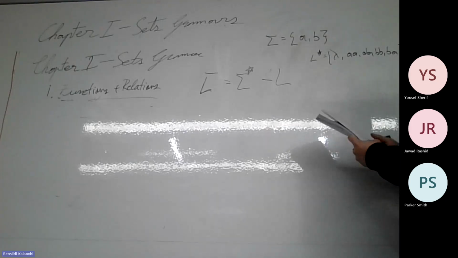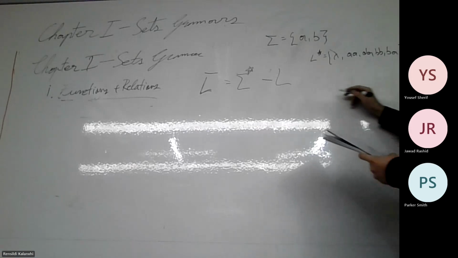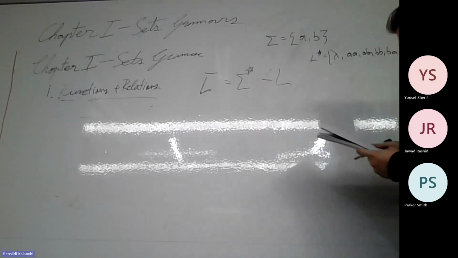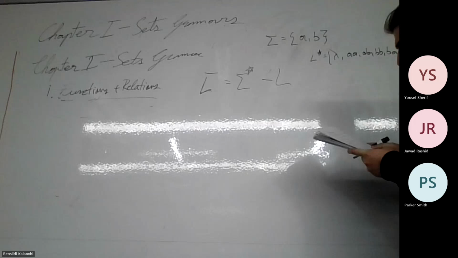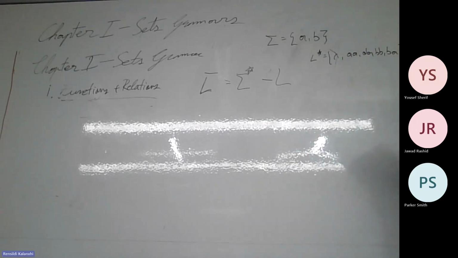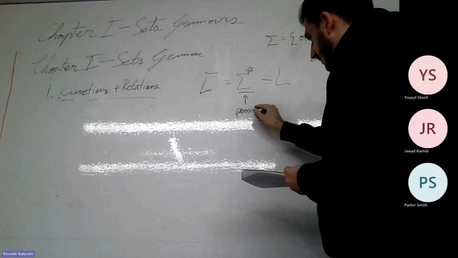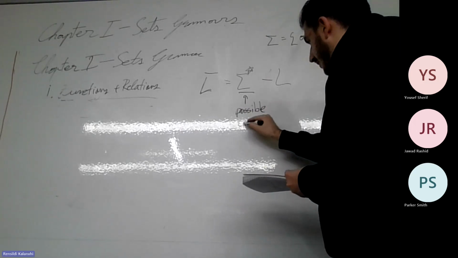So this L naught is going to remove the lambda and all the different combinations. Well, all the other ones, but I have to read it again. So that makes sense. The sigma is all possible combinations we can have.